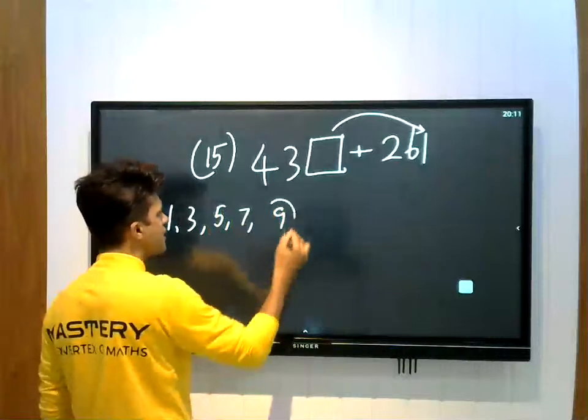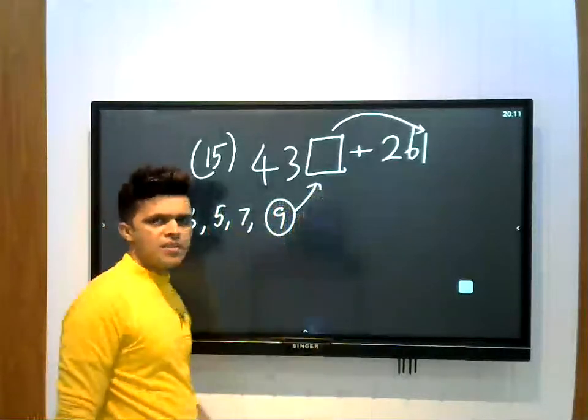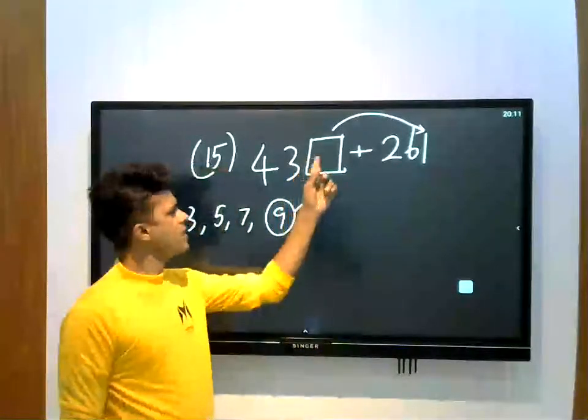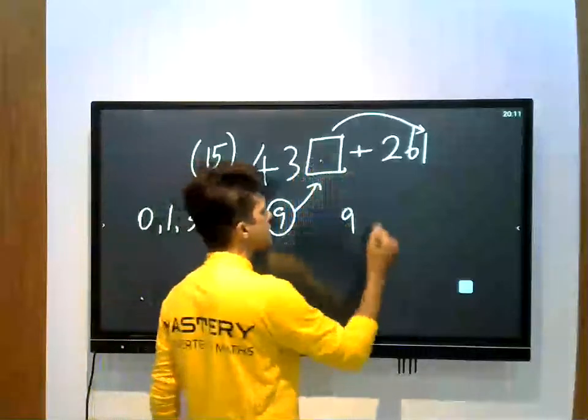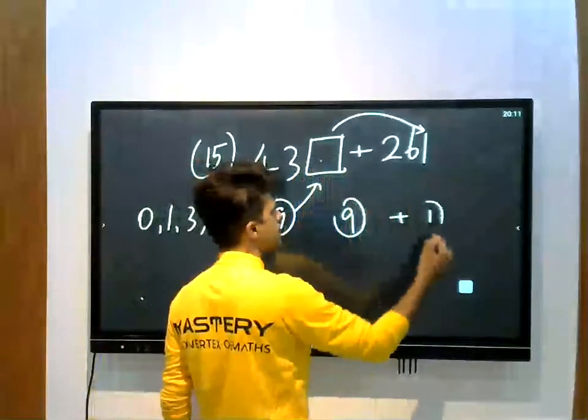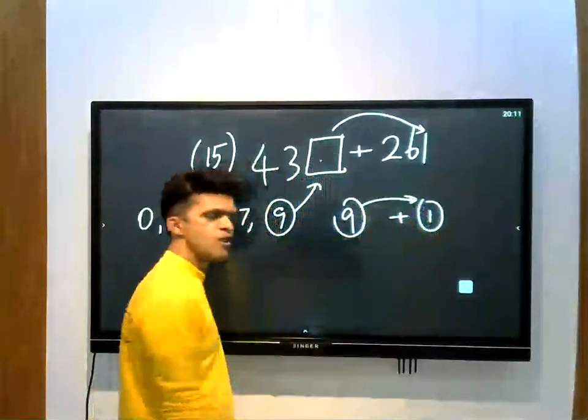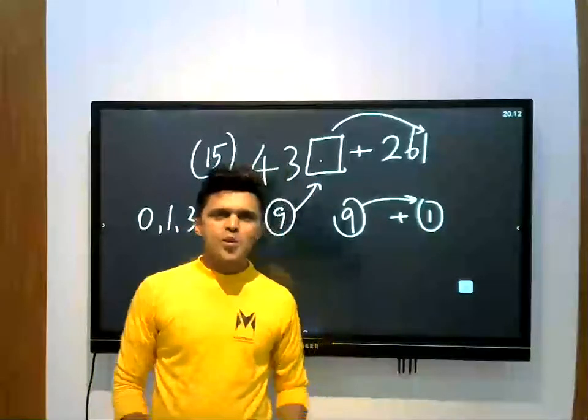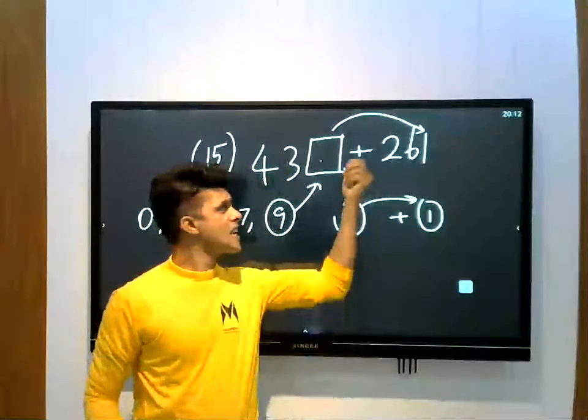Can we write 9 here? When we write 9 here, 9 plus 1 should be 10. 9 plus 1 equals 10, right? So we can't write 9 here.